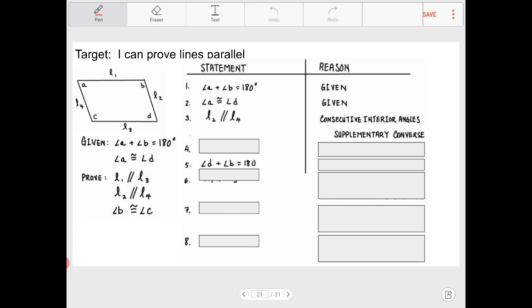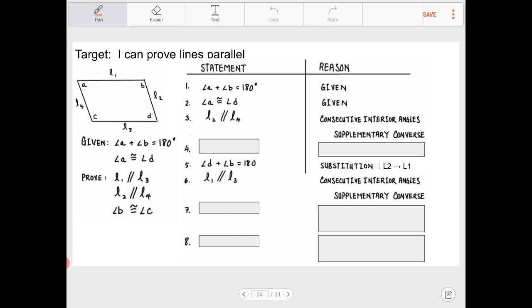I am substituting line 2 into line 1. And as a result of this, B and D are supplementary, and they are consecutive interior angles, therefore I can conclude that lines 1 and 3 are going to be parallel. And what's the reason one more time? Well, that's because of consecutive interior angles are supplementary converse.